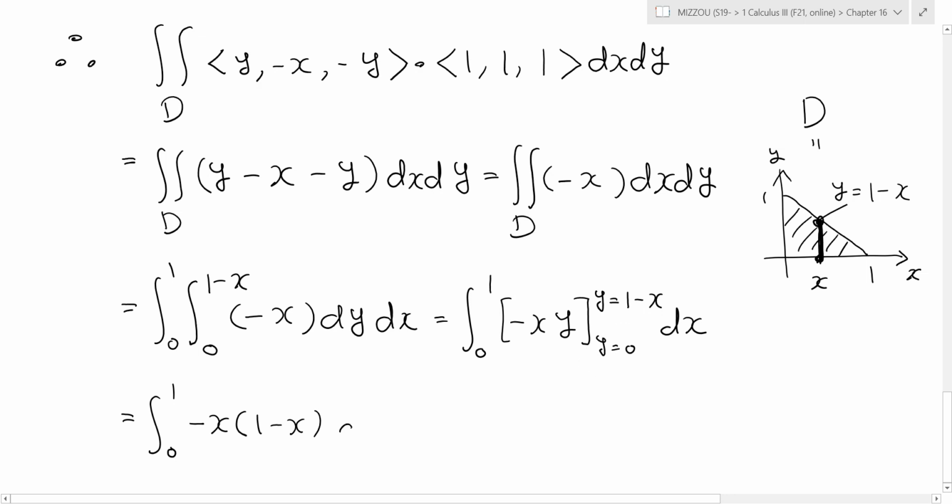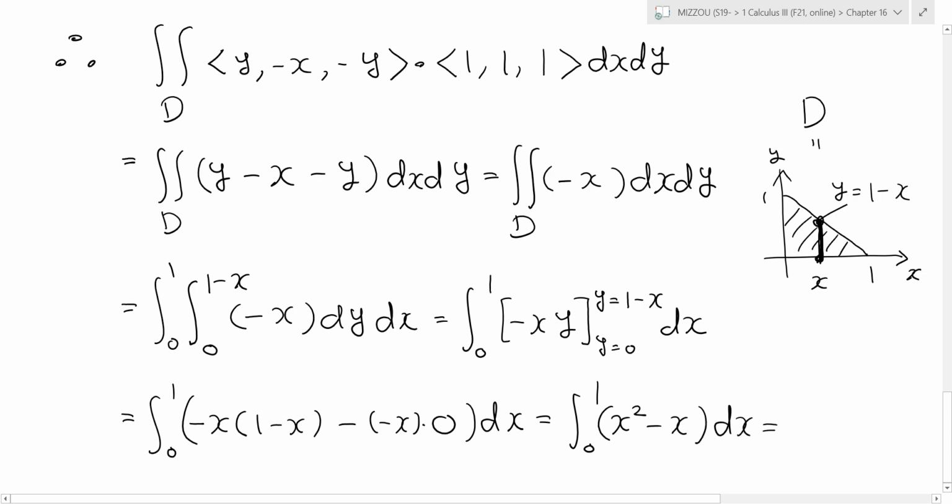Well, to be more precise, this is negative x times 0, that's 0. And then if you simplify this, you will see this is just x squared minus x dx. And then if you work this out, you are supposed to get negative 1/6. All right, so that's the answer.